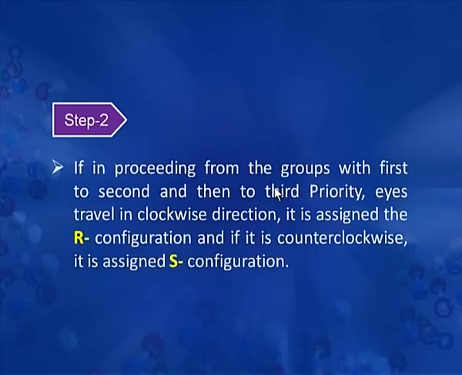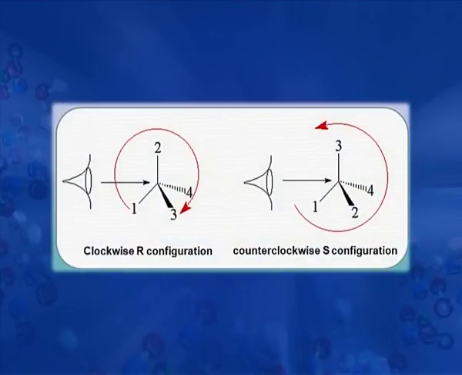If in the sequence of 1, 2 and 3 our eyes travel in a clockwise direction, that is, to the right-hand side, we say this molecule has the R configuration. And if in going from 1, 2 and 3 we have to move anticlockwise or counterclockwise, we assign it the S configuration. Let us understand it with the help of this picture.